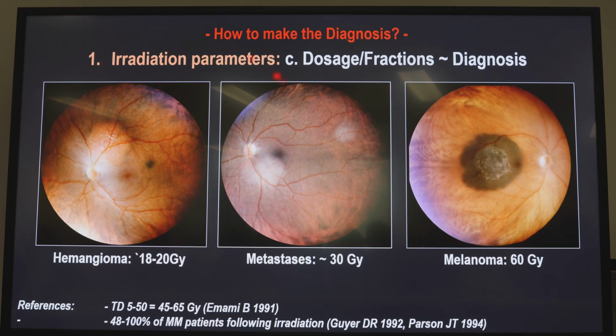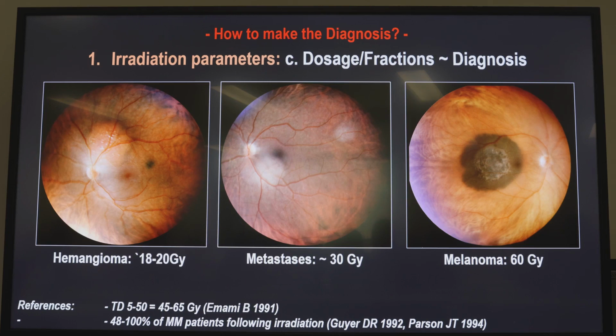Metastasis, classic metastasis, I'm talking about lung adenocarcinoma or breast. It's 30 grays, and then the fractionation, the less you fractionate, the more aggressive the radiation insult is.